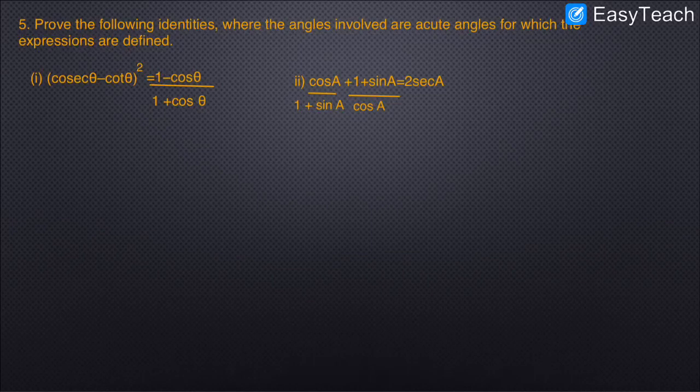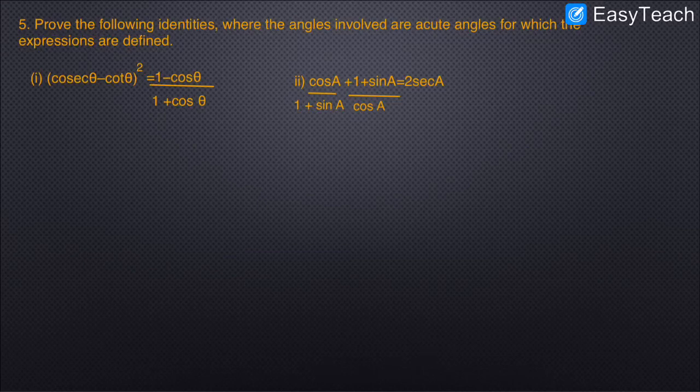For a is 1, for b here cos theta. For a plus b is 1 plus cos theta, and 1 minus cos theta. So we are almost there, we can cancel out 1 minus cos theta, 1 minus cos theta. So the remaining is on the top 1 minus cos theta divided by 1 plus cos theta. So LHS equals RHS, hence we proved.